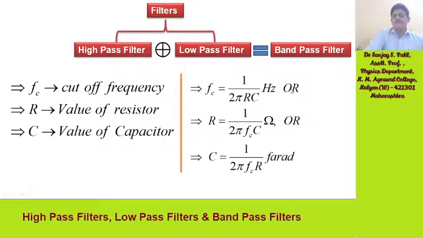Or if we want to find the resistor, if the cutoff frequency is known and the value of the capacitor is known, then the value of the resistor can be calculated, which is R = 1/(2π Fc C) in ohms. Or the capacitor C = 1/(2π Fc R), and the unit is farad.